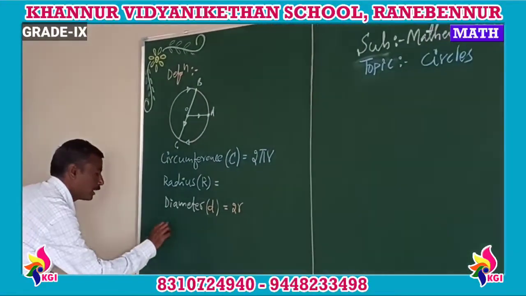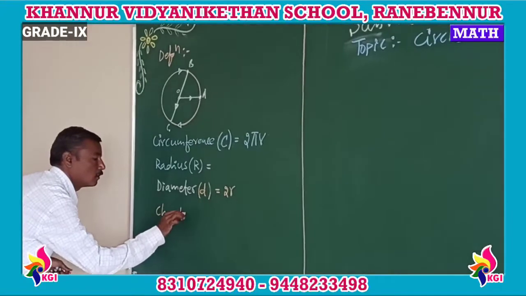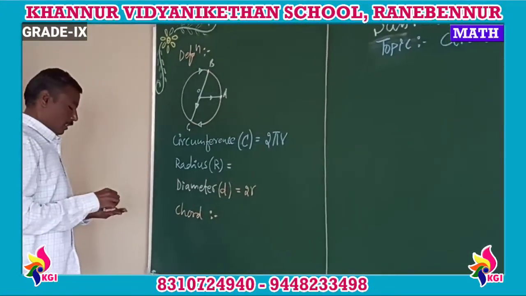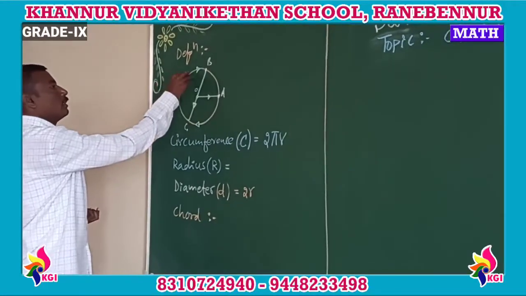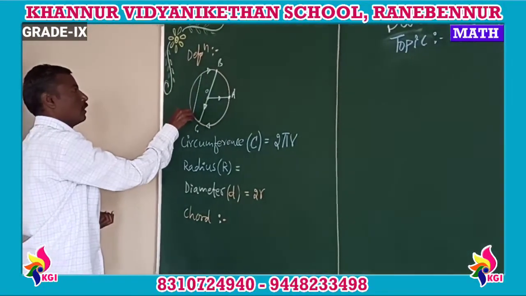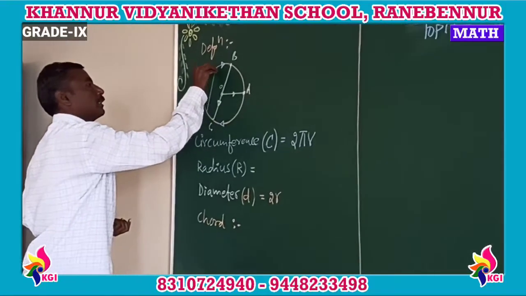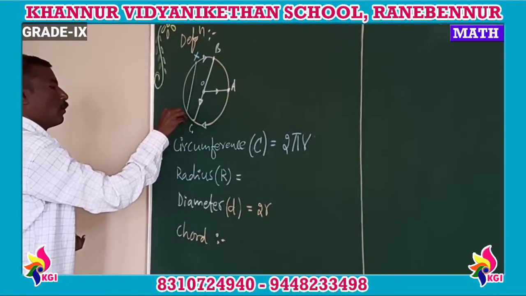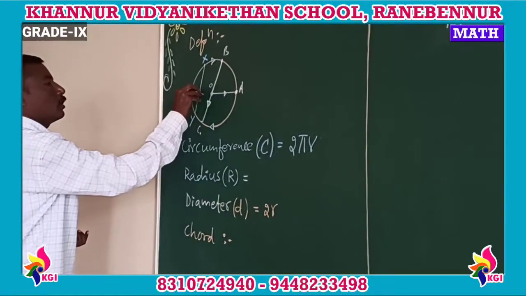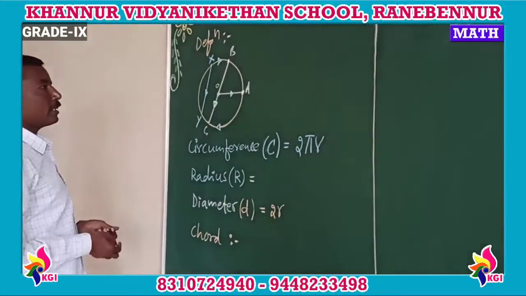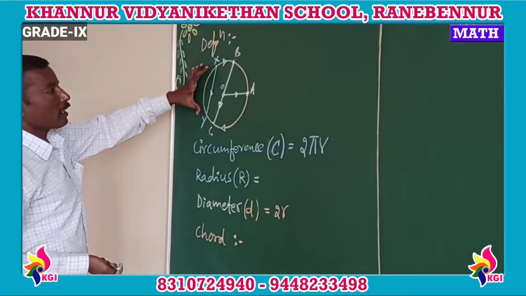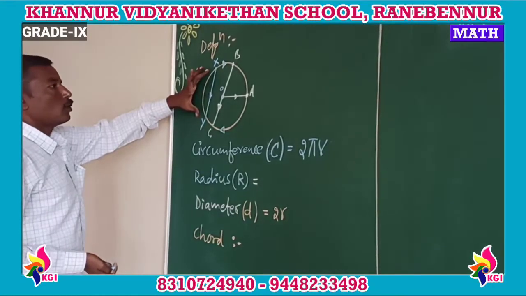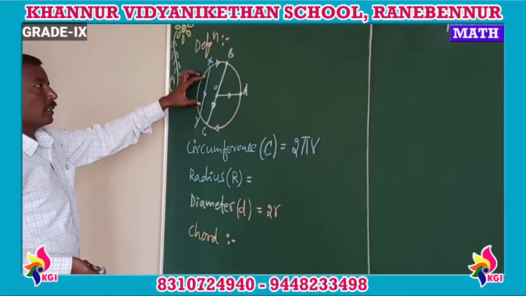Next, chord. Let us see. Now I would like to draw this one. This is point X and this is point Y. This is a line segment joining any 2 points on the circumference of the circle, but it does not pass through the center of the circle.